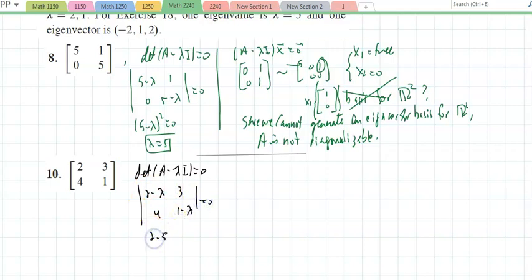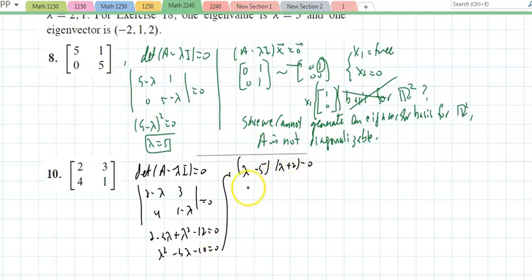That is 2 minus 3 lambda plus lambda squared minus 12 equal to 0. Lambda squared minus 3 lambda minus 10 equal to 0. So lambda minus 5 times lambda plus 2 equal to 0, so lambda equals 5 or negative 2.